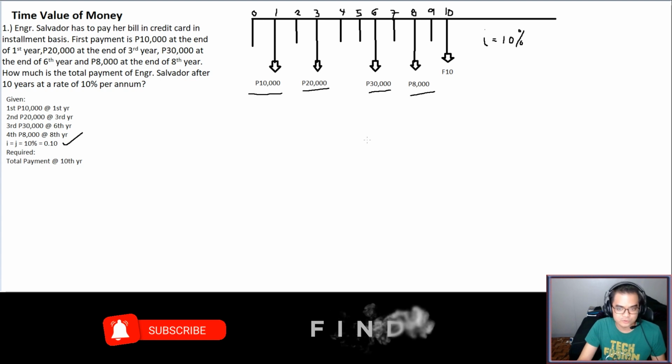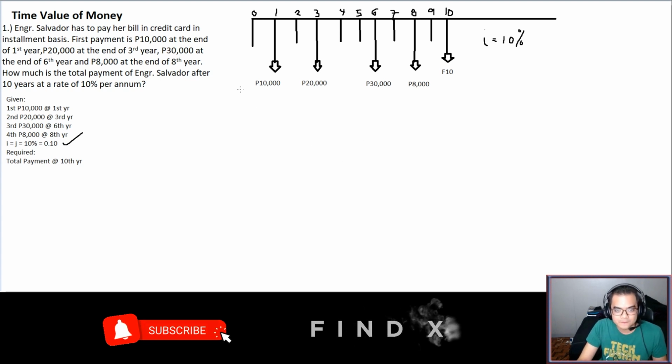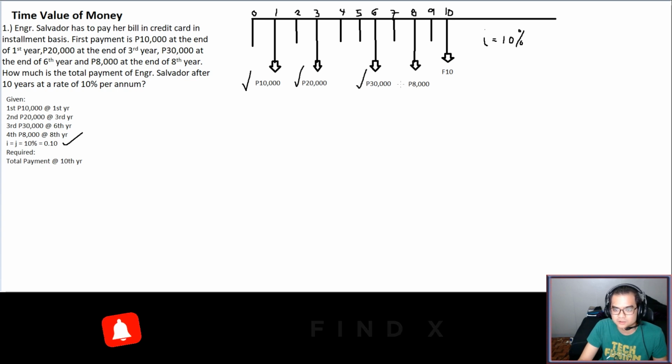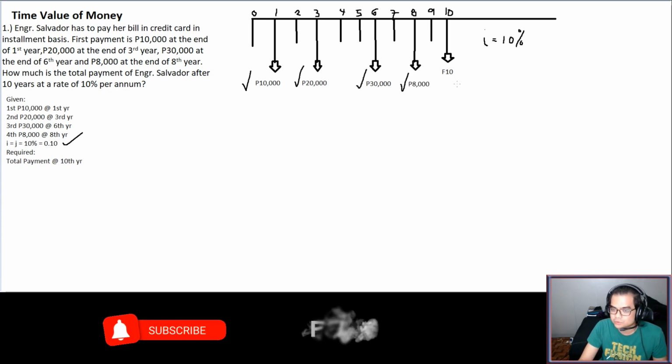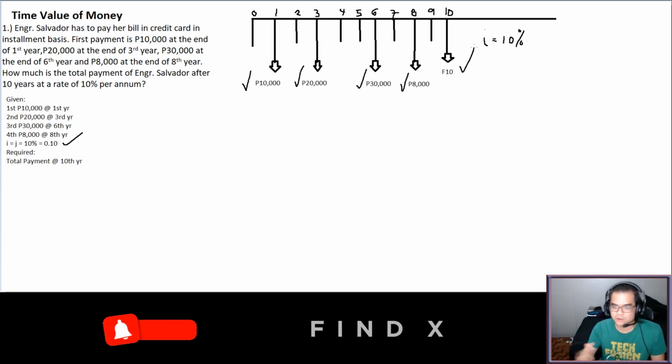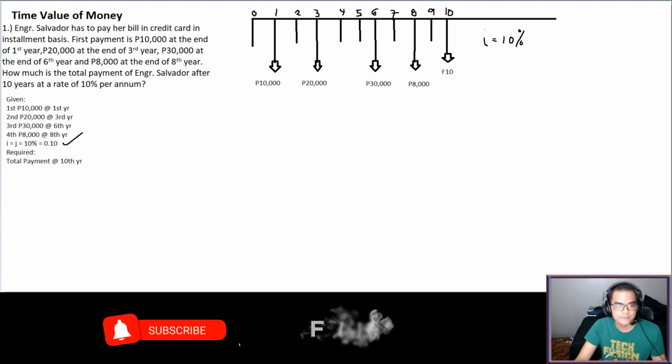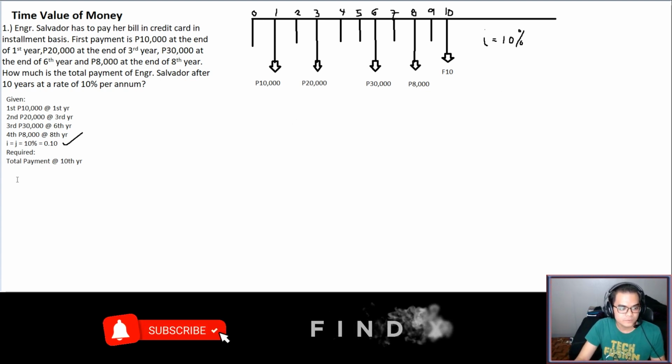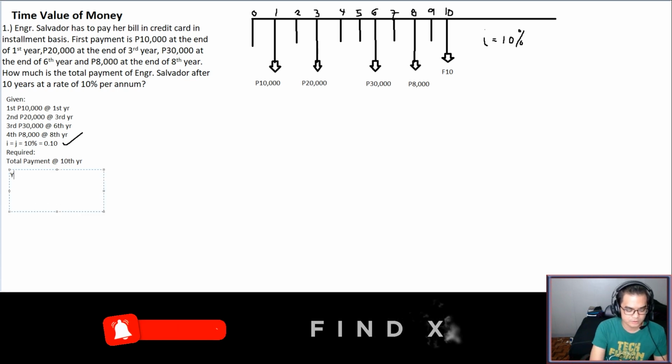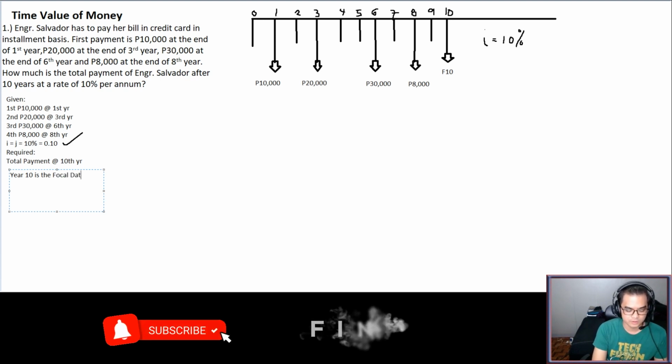So what we will do is bring 10,000, 20,000, 30,000, 8,000 to year 10, one by one. Therefore, we can say that year 10 is the focal date.